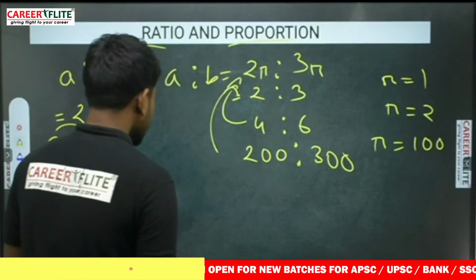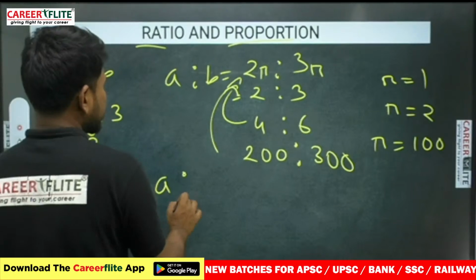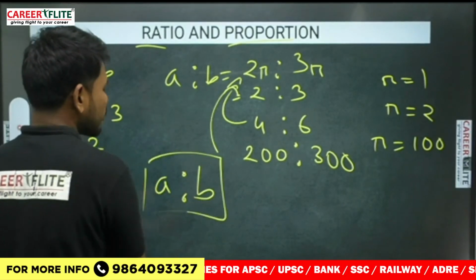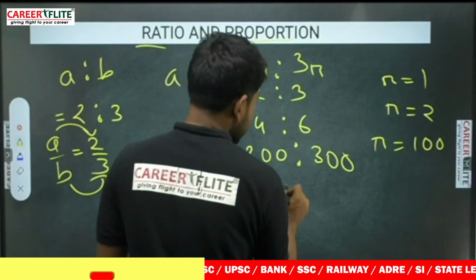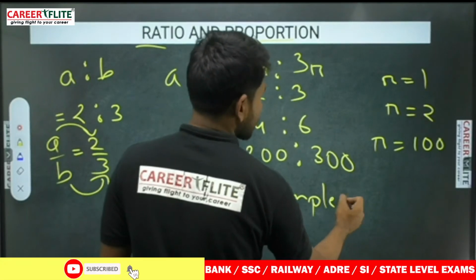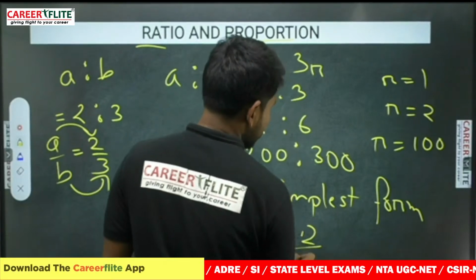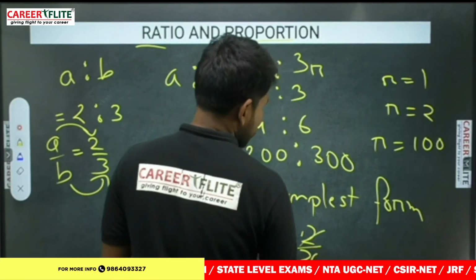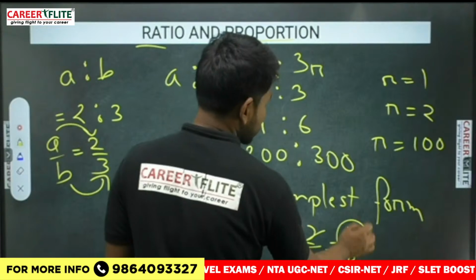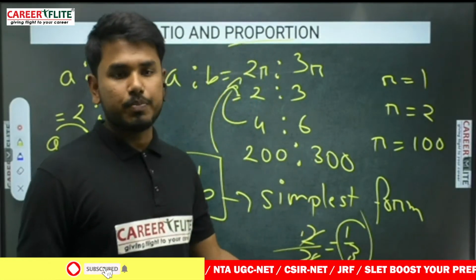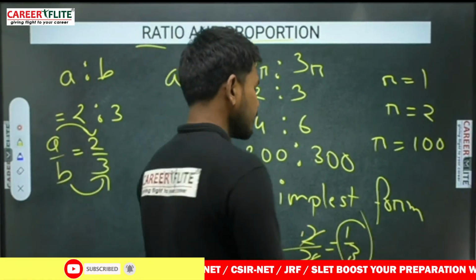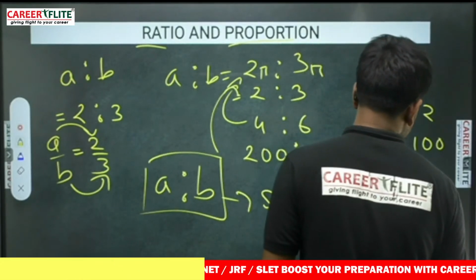Why? Because any two numbers in this form A is to B, if they are in a ratio, that means they are in their simplest form. Simplest form means 12 by 36, we can write as 1 by 3. So 1 by 3 is the simplest form, which comes out to be 1 is to 3.